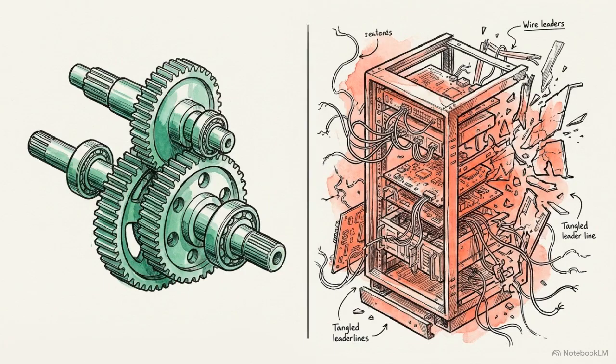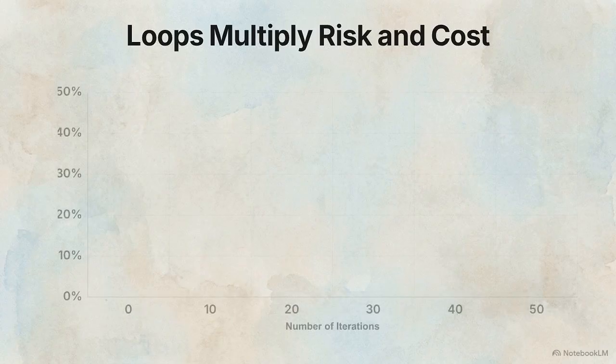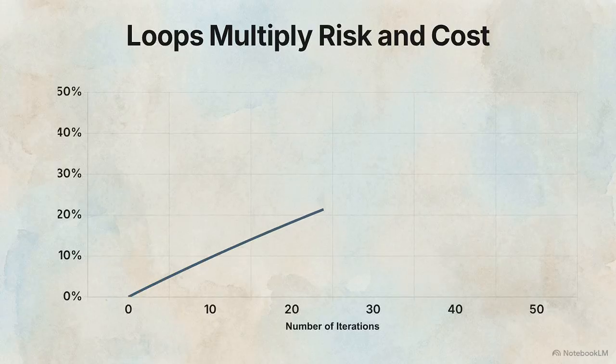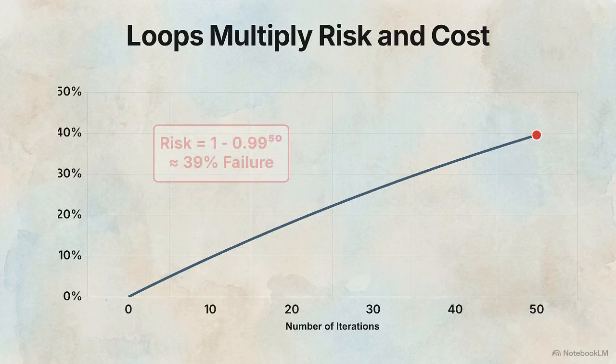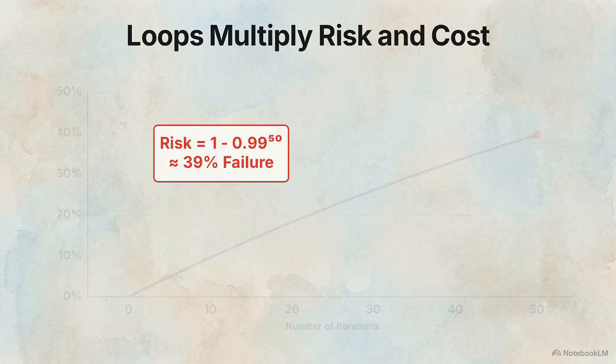You might wonder how a system where every individual action operates at 99% reliability can routinely fail in a production environment. This chart reveals the underlying mathematical reality. An agent running a 50-iteration loop with a 1% risk per step doesn't maintain its original 99% safety rating. It accumulates roughly a 39% chance of at least one unintended side effect.